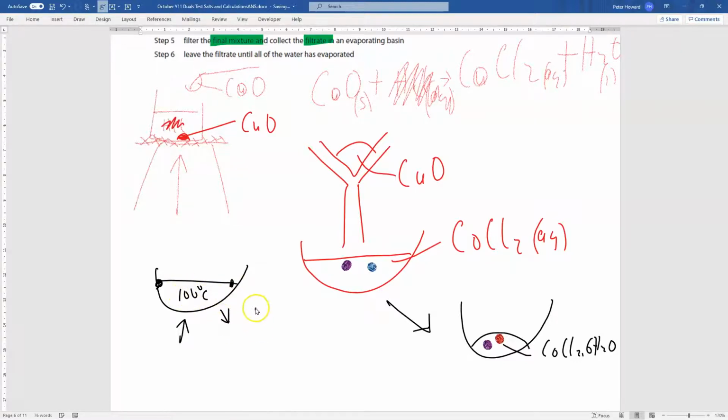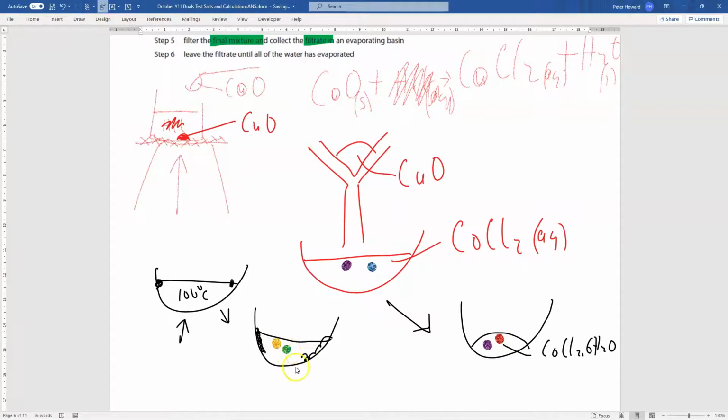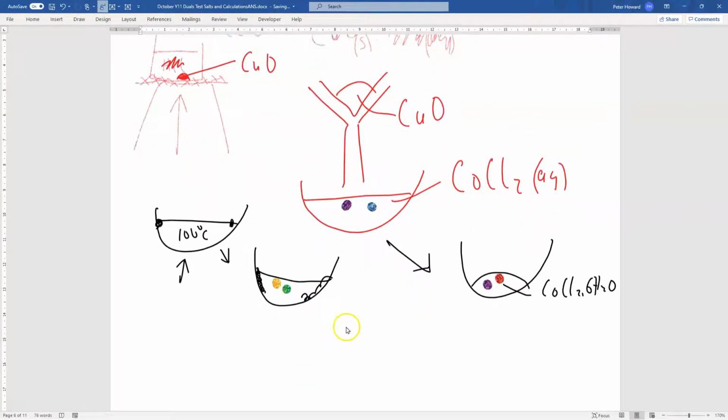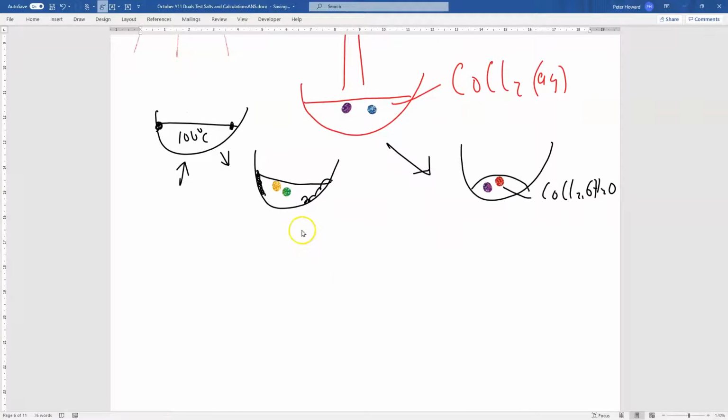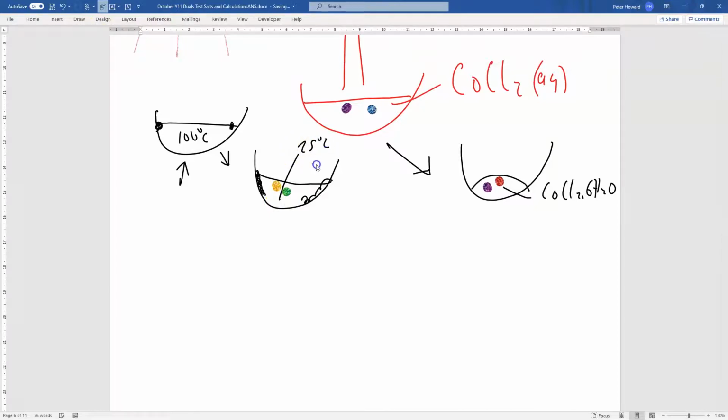We'll leave it to cool. Then we'll have our crystals, some sort of crystals here and here. We'll still probably have a little bit of solution left. We'll also have our impurities still floating in solution. I probably should have chosen a different colour pen because obviously impurities really should look the same each time. This has obviously been left to cool down, so maybe it's now 25 degrees centigrade.